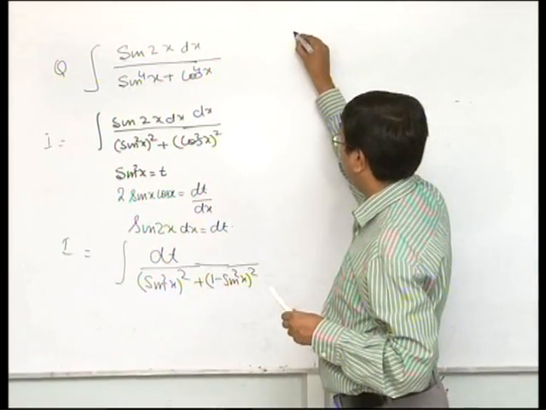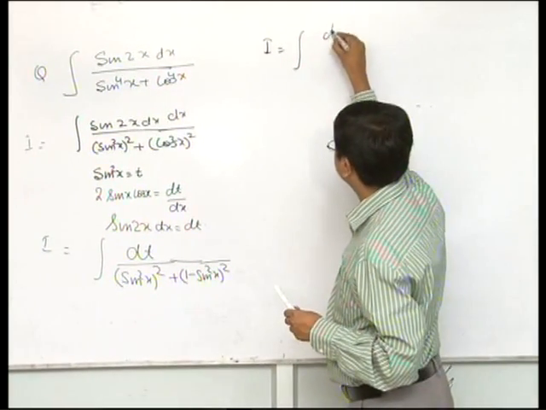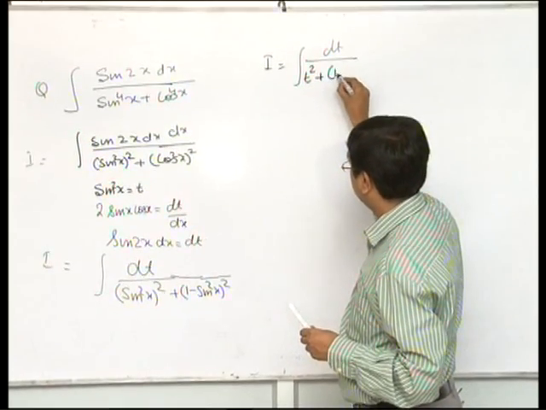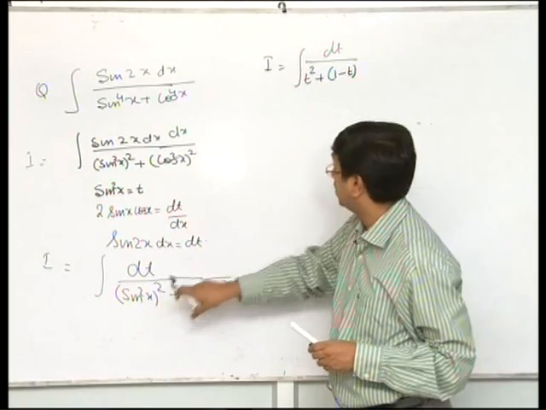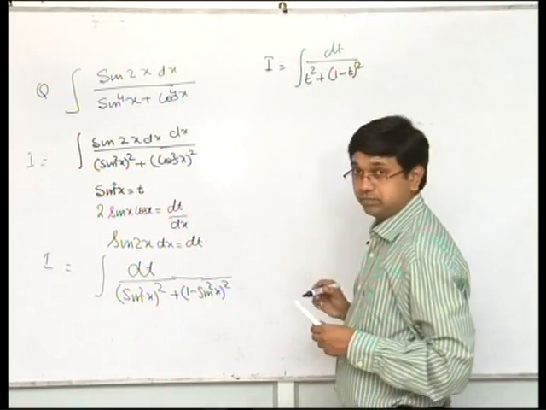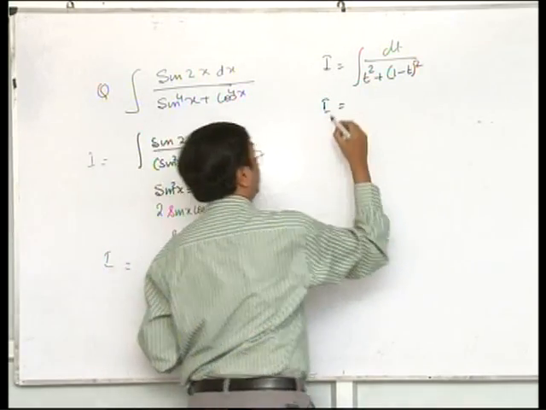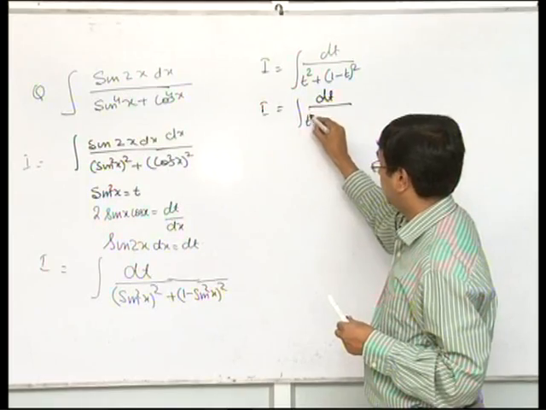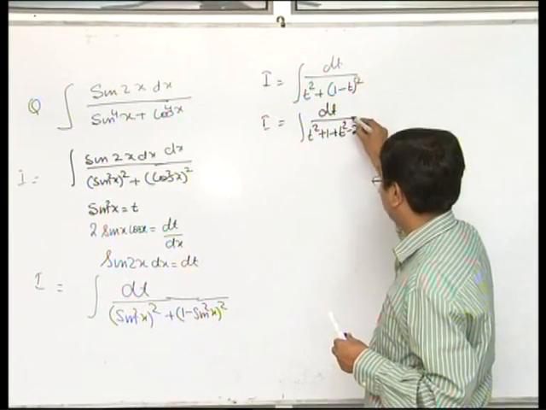Our I would reduce to dt upon t square plus (1 minus t) whole square, since sin square x is t. Now you know this can be very easily integrated using a perfect square: dt upon t square plus 1 plus t square minus 2t.